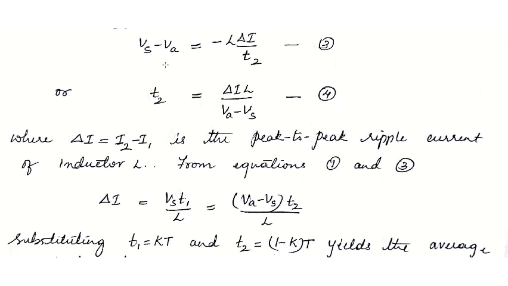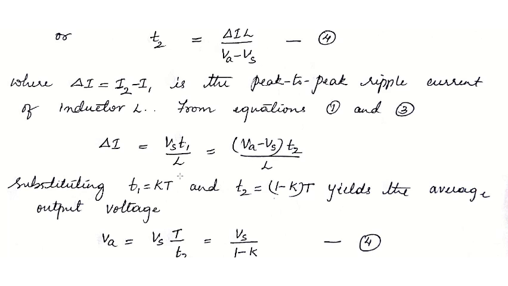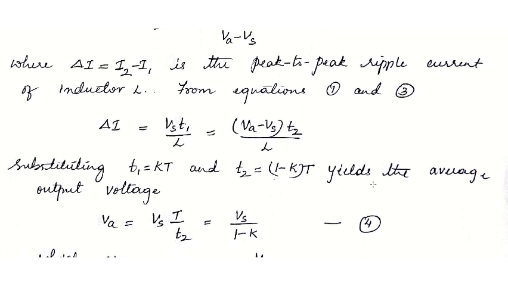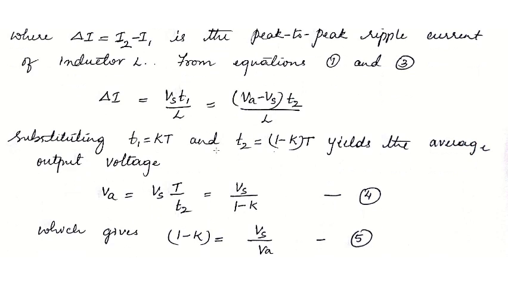So from equation 1 and equation 3, if we equate for delta I, we will get Vs T1 by L is equal to (Va minus Vs) into T2 by L. So substituting T1 is equal to K times T, where K is your duty cycle, and T2 is equal to (1 minus K) times T, we get the average output voltage Va, given by Vs into T by T2, which will be equal to Vs by (1 minus K).